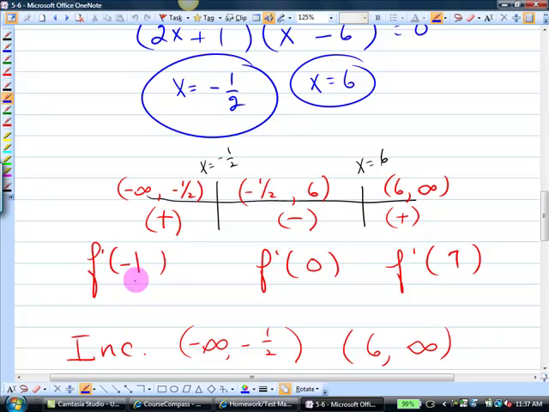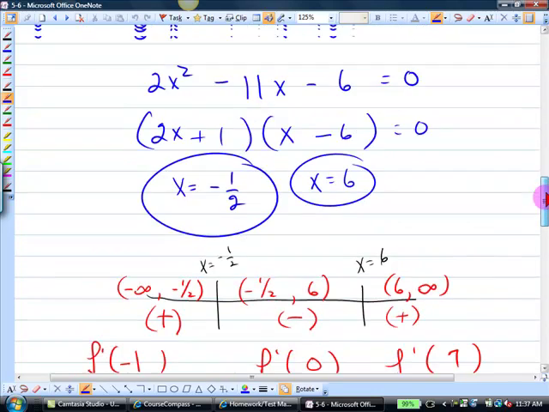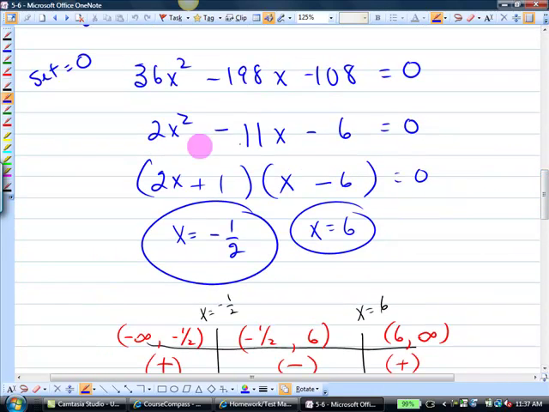When you plug in negative 1, I'm going to get a positive 2 and plus 11, so that'll be 13 minus 6 is 7, so that's a positive. If I put in 0, I'm going to end up with a negative 6, so that's negative. If I put in 7, I'm going to get a positive number, so that's where we're getting that.